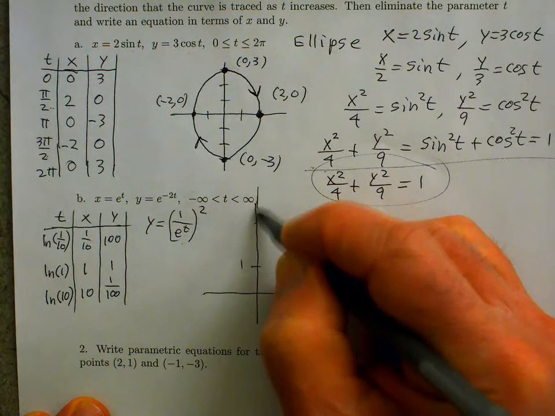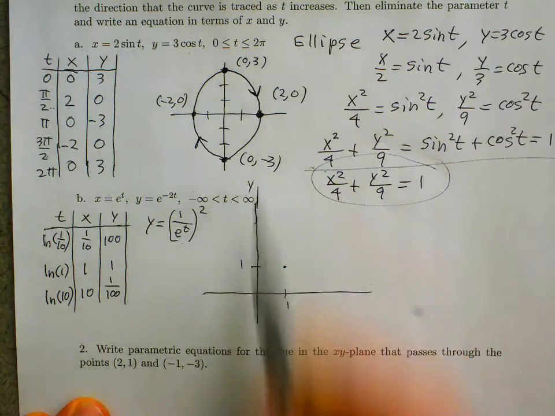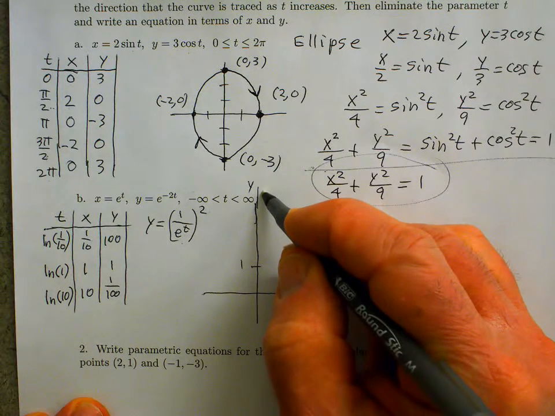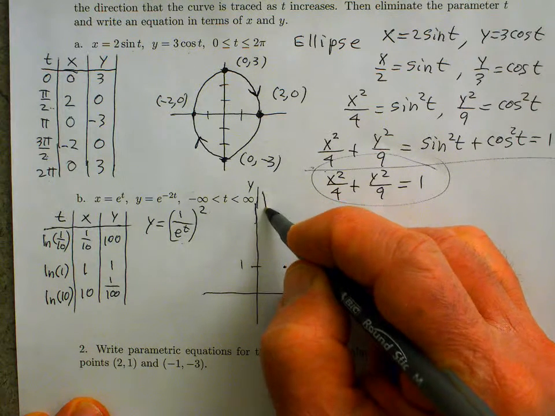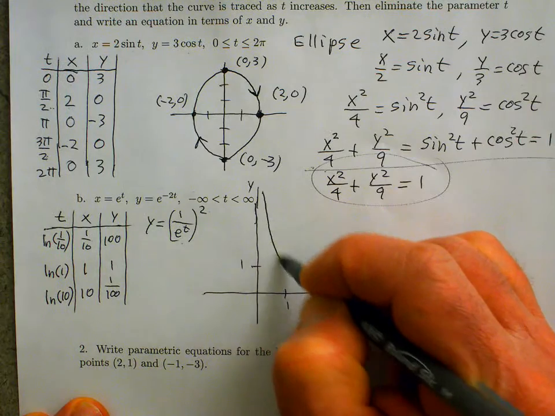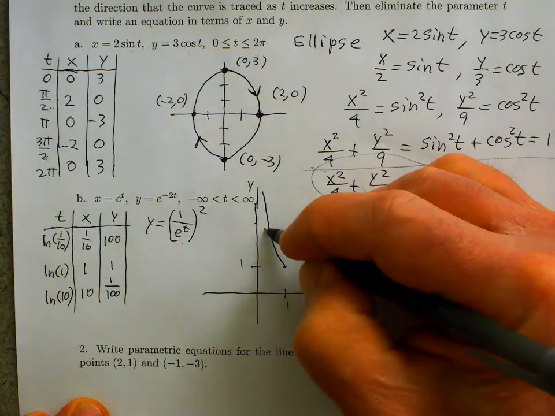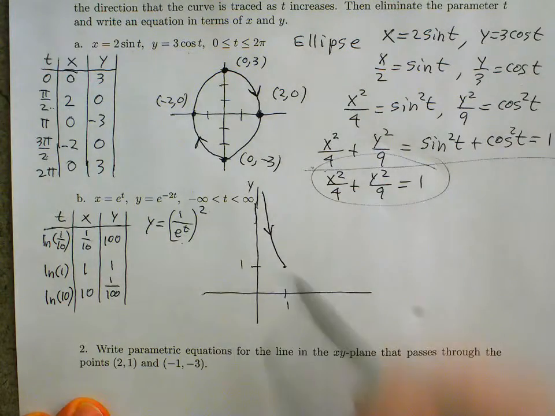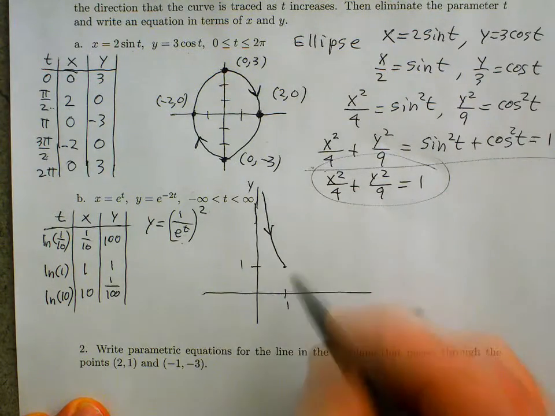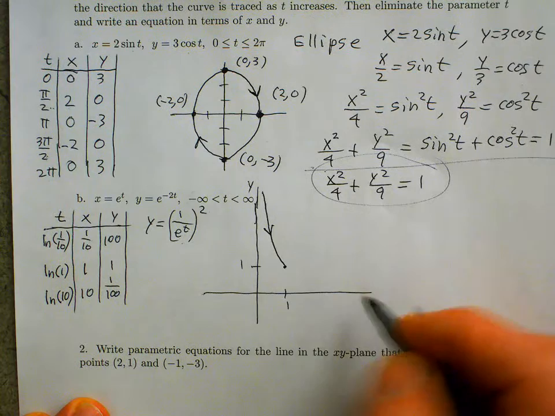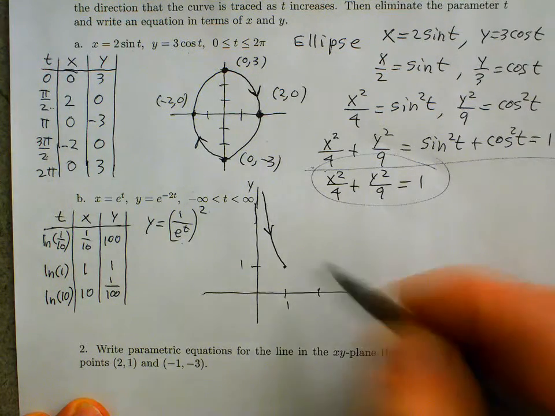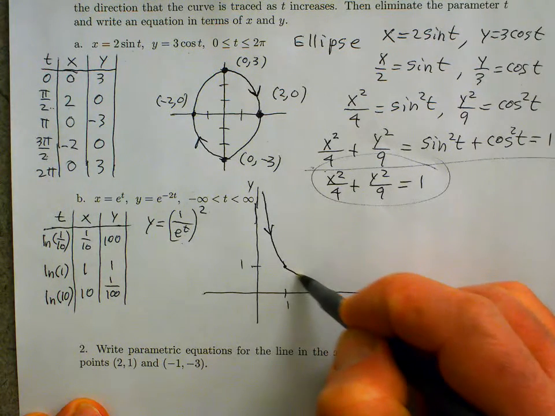So the y-axis is a vertical asymptote. So as the t-values increase, the direction of the curve is downward. So the graph will look something like this.